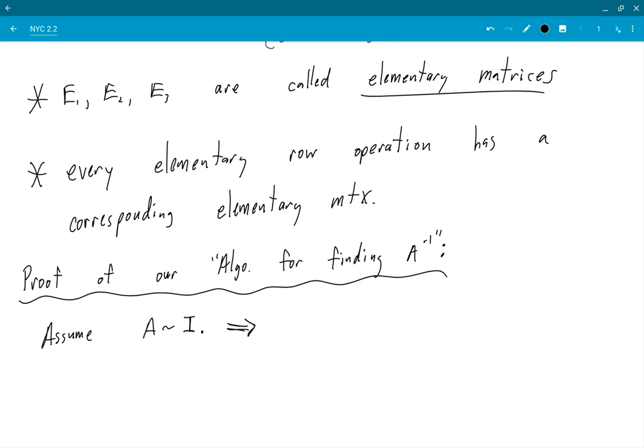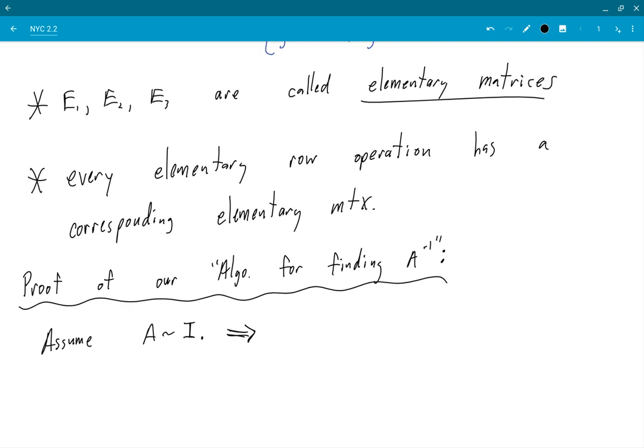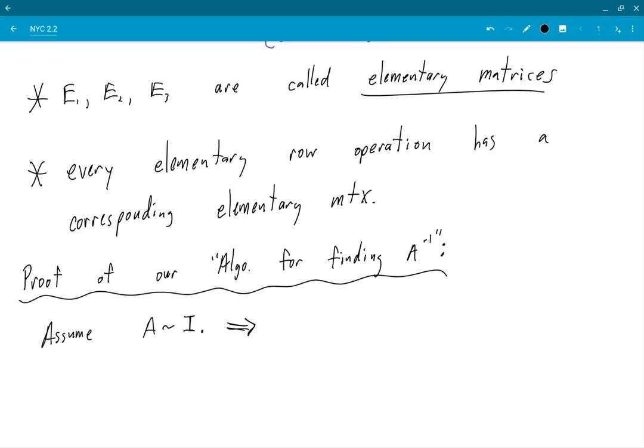So A can be row reduced to give I. What does that mean? That means that I can do a sequence of elementary row operations to A and eventually arrive at I. In terms of elementary matrices, I'm going to write that as this product here.